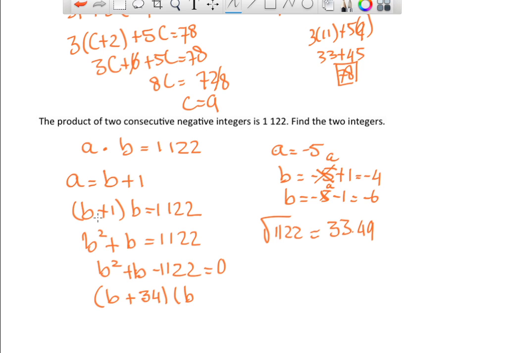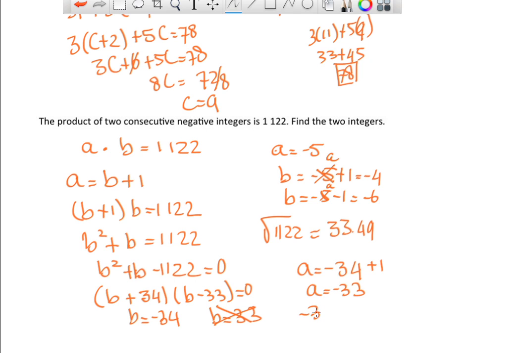So B is either 33 or B is equal to a negative 34. And it can't be the positive one, so I'm saying that B is a negative 34. And then A would be negative 34 plus 1, so that would be a negative 33.